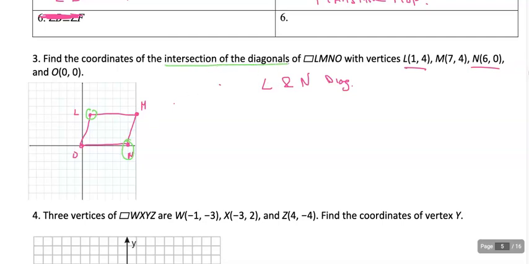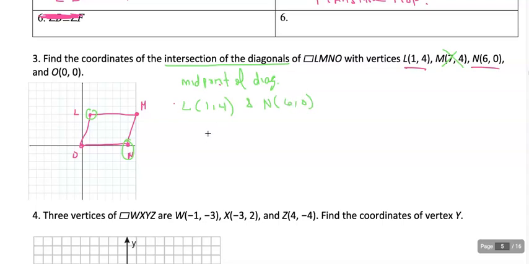So all I need to do here is find the midpoint of my diagonals. I'm going to use L, which is 1, 4, and N, which is 6, 0.